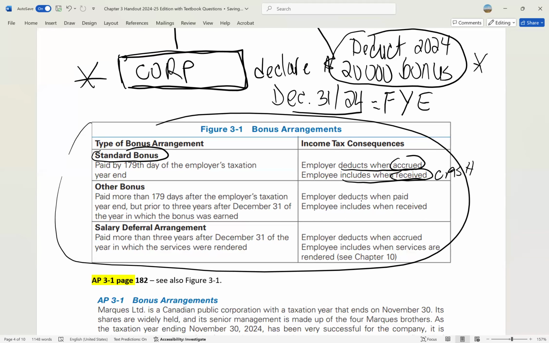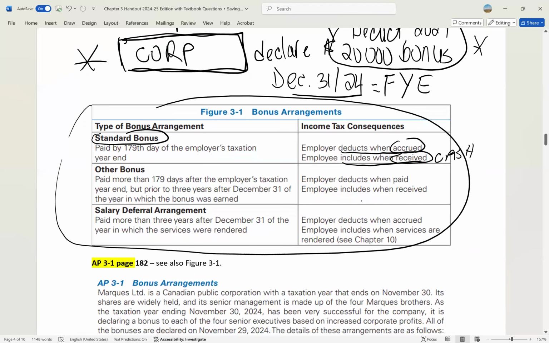Now, what if it's outside of these 179 days? Let's say it's more than 179 days, but it's prior to 3 years from December 31st of the year that the bonus was earned. The employer would deduct when paid, employee would include when received. If it falls within this time frame, both would record it on a cash basis.